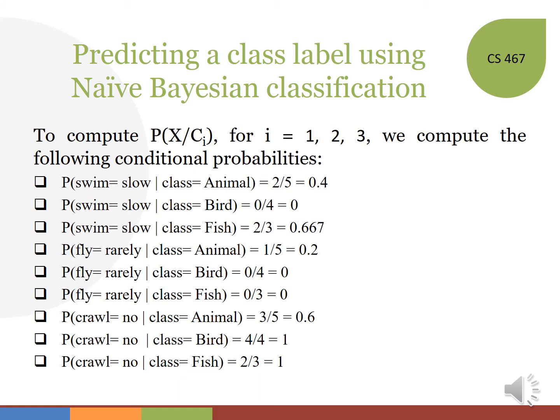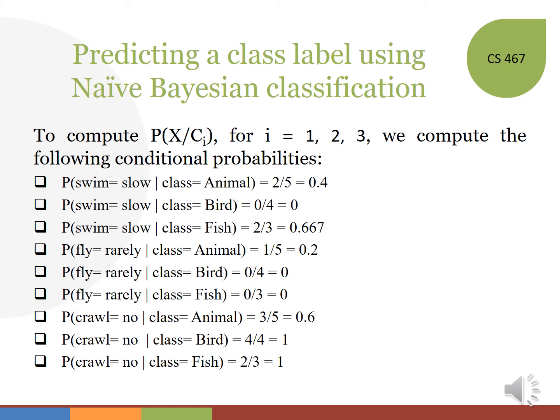To compute P of x given Ci for i equal to 1 to 3, we compute the following conditional probabilities. The first one is P of swim equal to slow given class equal to animal, because we need to classify the instance swim equal to slow, fly equal to rarely, and crawl equal to no. First we consider swim equal to slow, and we find the number of tuples where the value for the swim attribute is slow and the class label is animal.